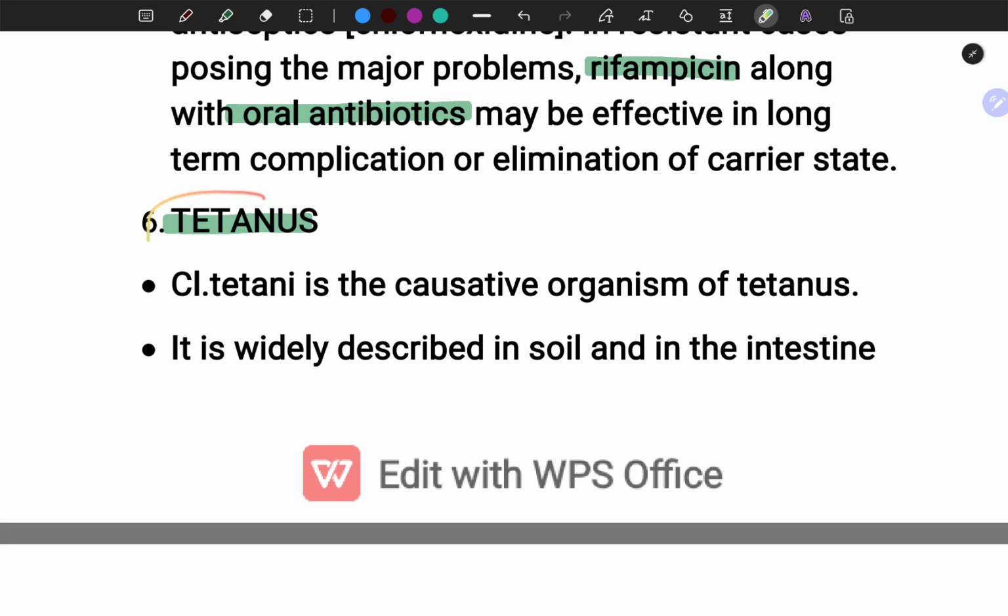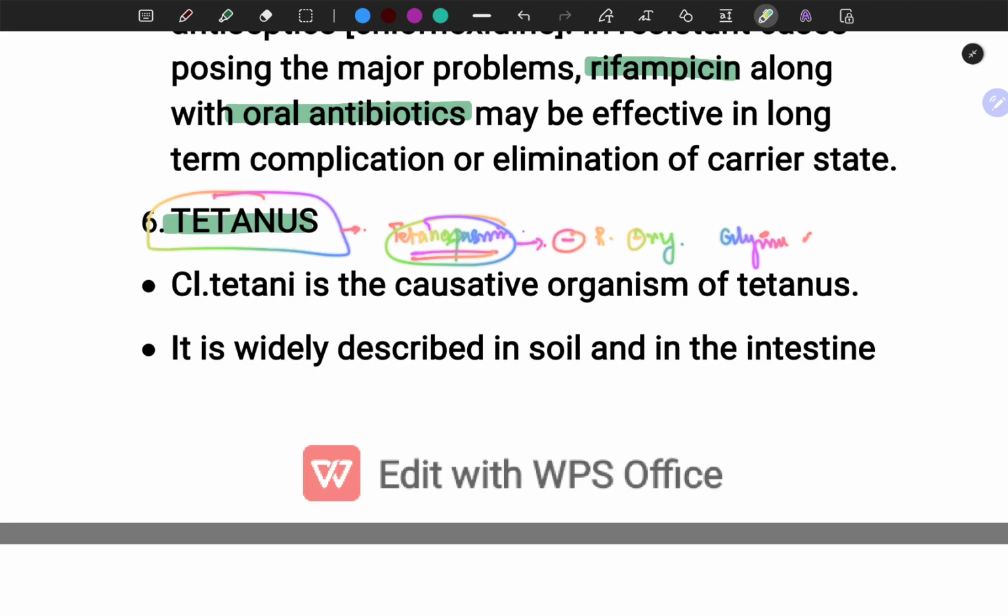So, tetanus, a very important thing: Clostridium tetani releases tetanospasmin. Tetanospasmin inhibits the release of inhibitory neurotransmitters, which are glycine and GABA.